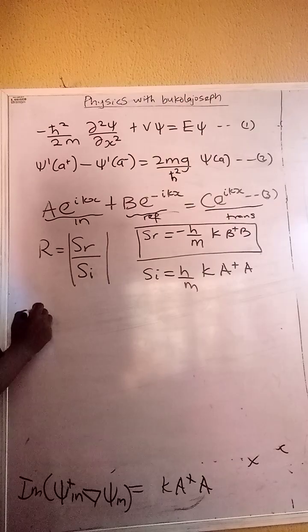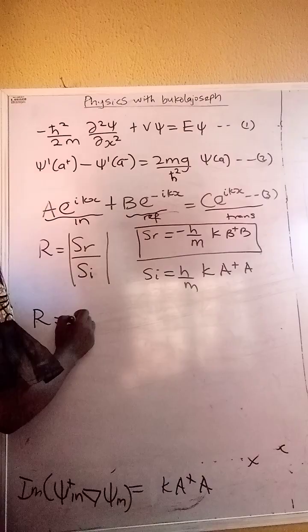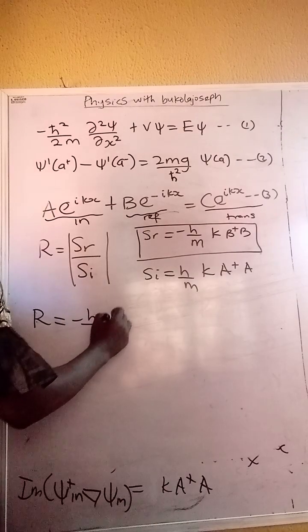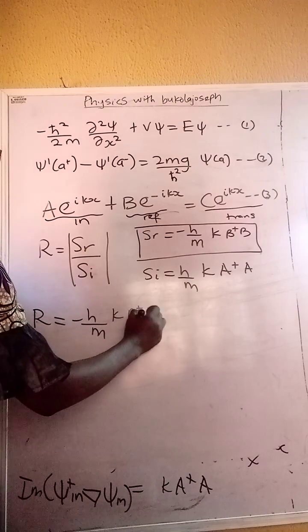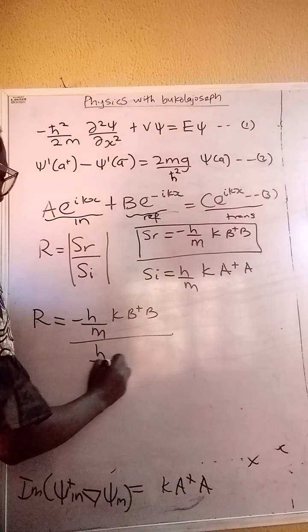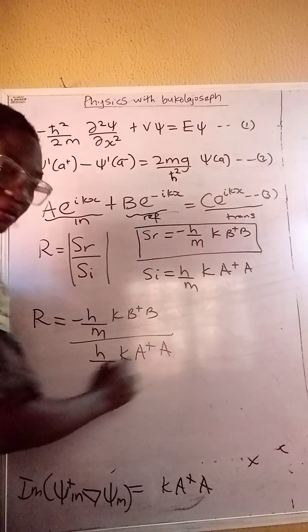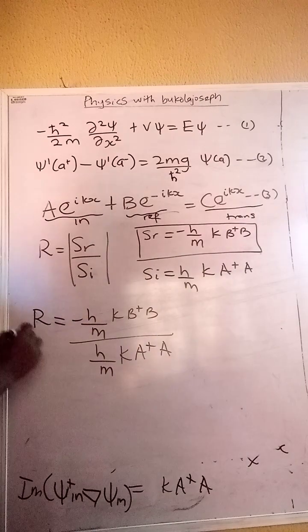So if you substitute into this, we have R is equal to what? Psi R is this, we have minus ħ over m k B this all over psi I is this, ħ over m k A plus A.